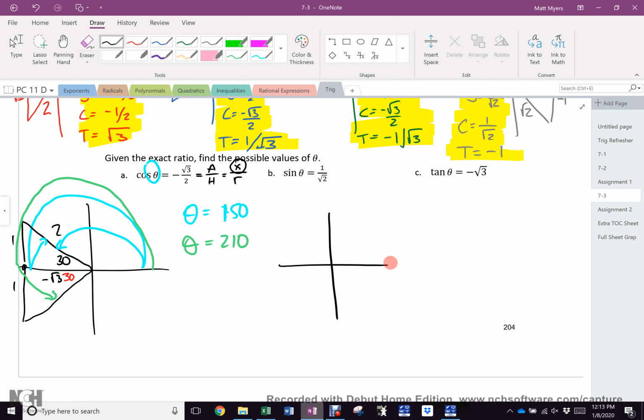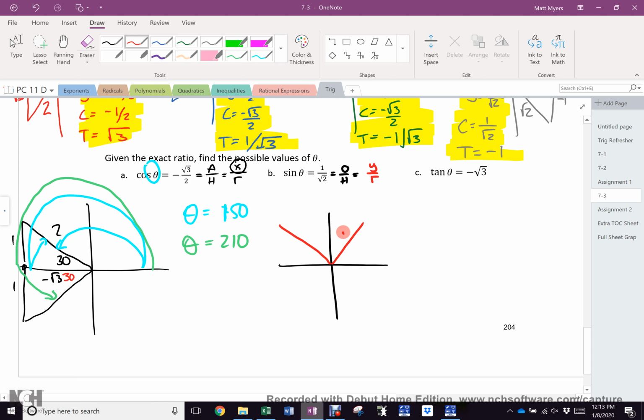Okay, so what do we know about sine here? It's opposite over hypotenuse. But on the graph, it's y over r, yeah? R has always got to be positive. Sine's positive. So what quadrants are we in? Top 2. Got to be there or there, yes?